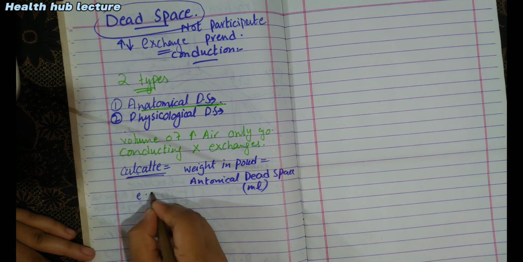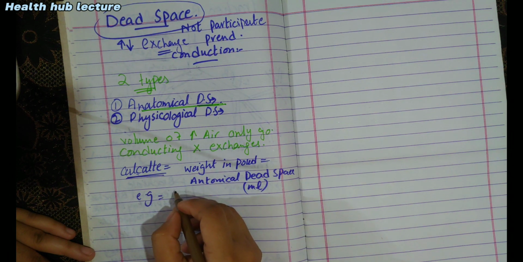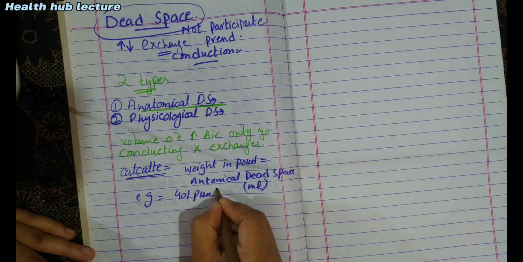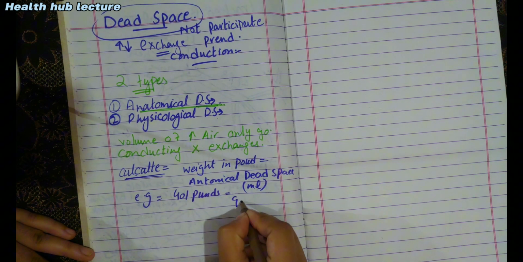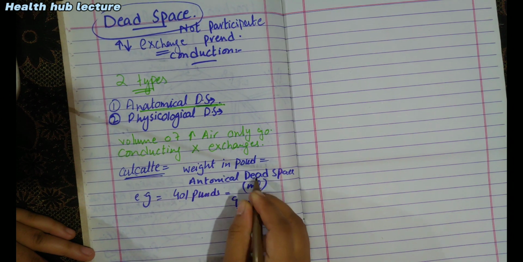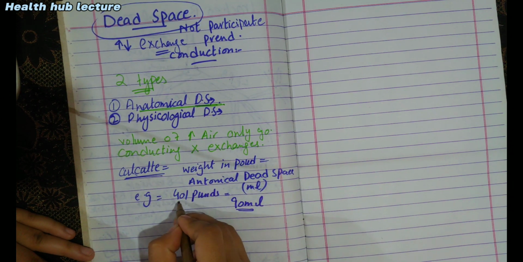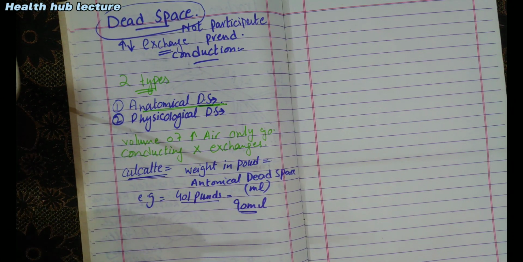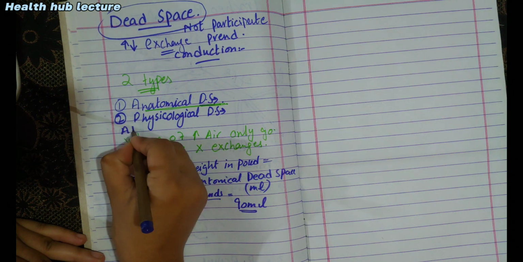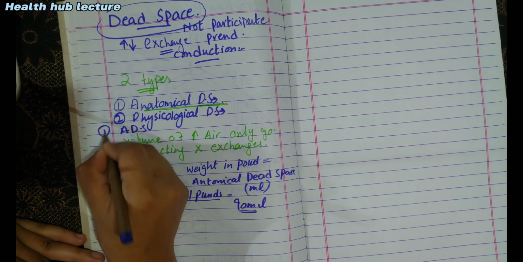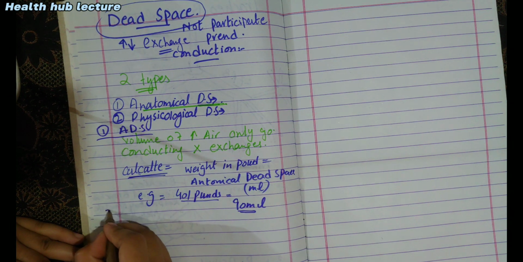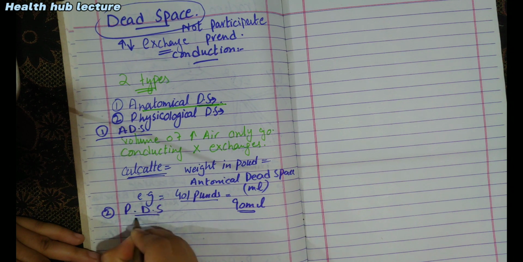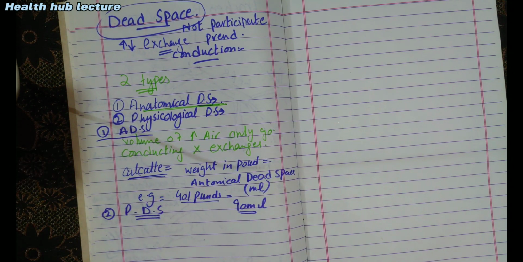For example, I have 401 pounds and it is equal to 90 milliliter. 90 milliliter is the dead space, and this 401 pound is my weight, okay. Now we have discussed the anatomical dead space first, and now we discuss the second one, the physiological dead space. I hope you can understand.